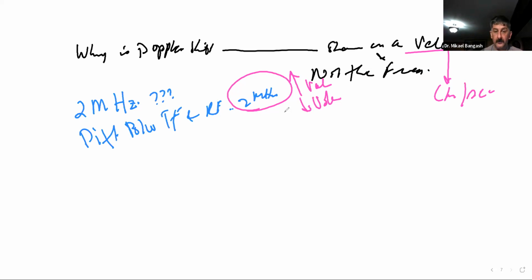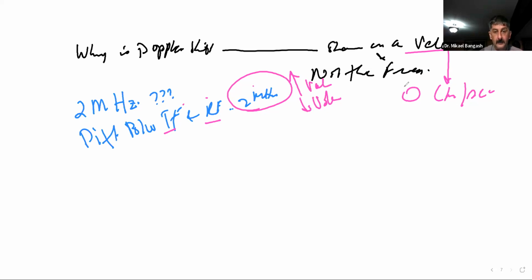Although what the system receives to calculate a Doppler shift frequency is the difference between the two frequencies, we use these differences to calculate the speed, some number of centimeters per second.